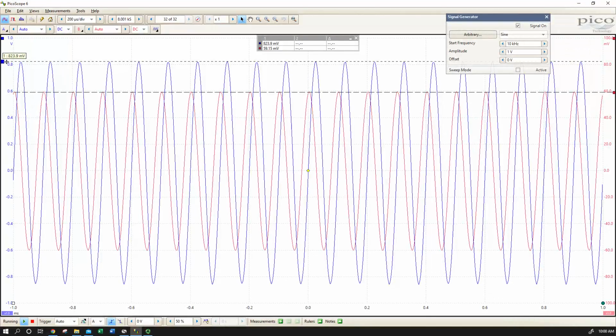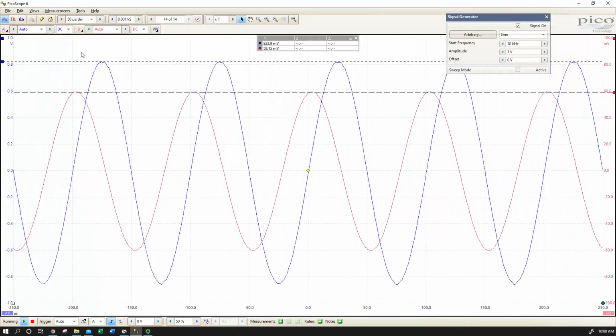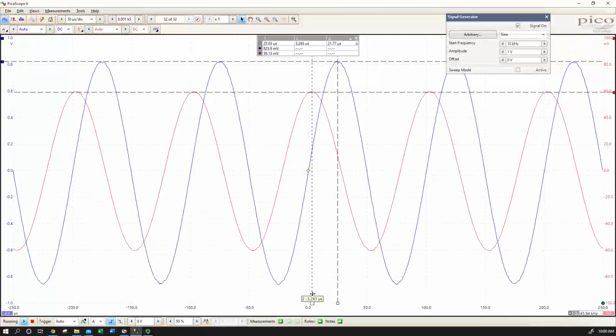Now remember, we've still got 600 ohms of resistance effectively through the AWG, and we're not quite at resonance. Let's spread our scale out a little bit and keep an eye on our phase relationship. You can't go by the visual separation because of course we've changed our scale, but we have 21.77 microseconds difference.